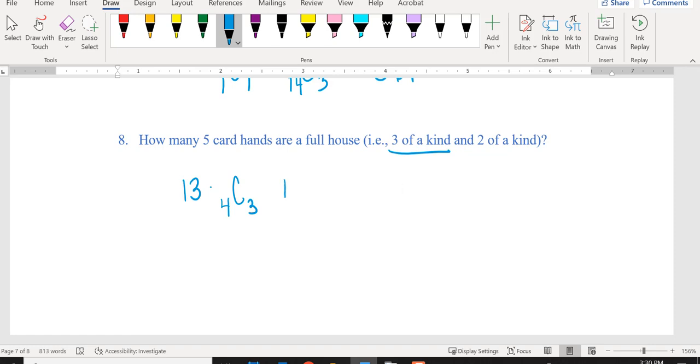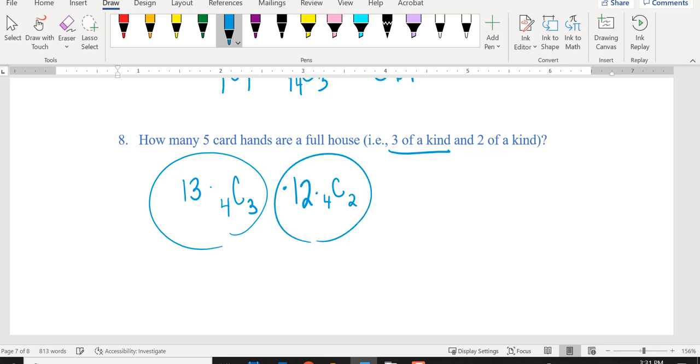Okay. Now, you also want to get a 2 of a kind. So there are 4 cards that are all the same name. So they're all 3s or they're all 7s. And you want to pick 2 of them. But you've already got 1 set of numbers accounted for. So there's only going to be 12 remaining for the 2 of a kind.